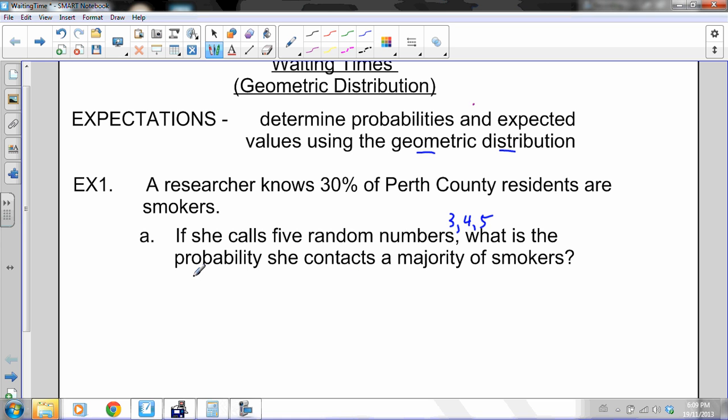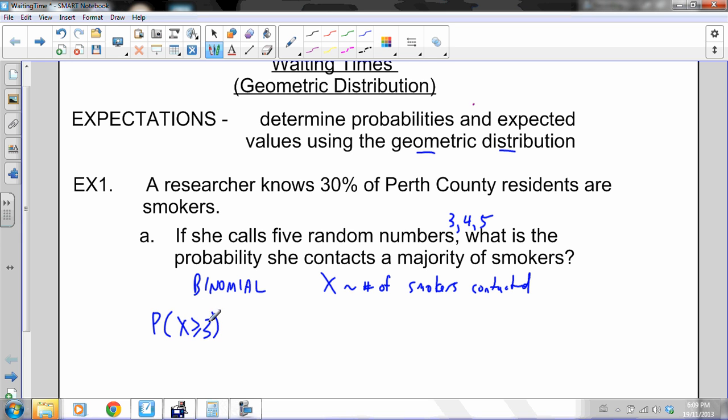This is binomial, where we're interested in the number of smokers that are contacted. And essentially what we want is the probability that we have a majority.